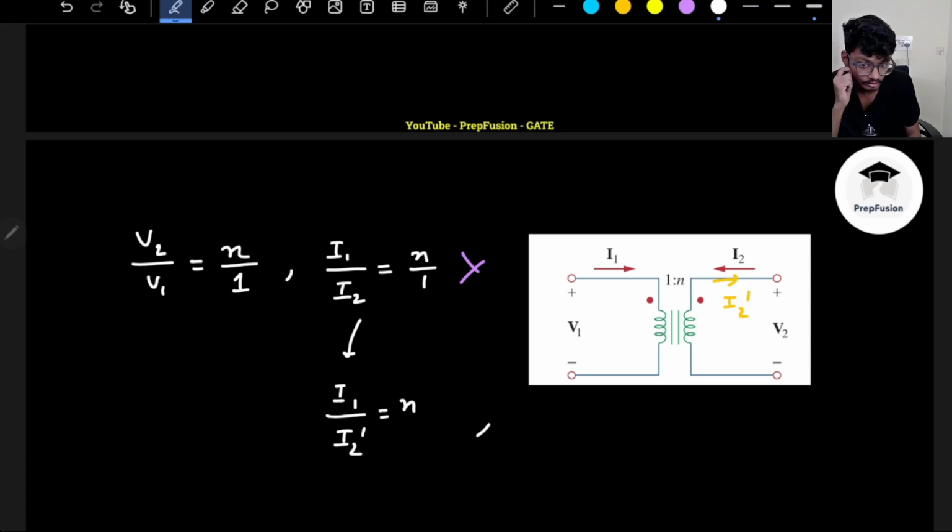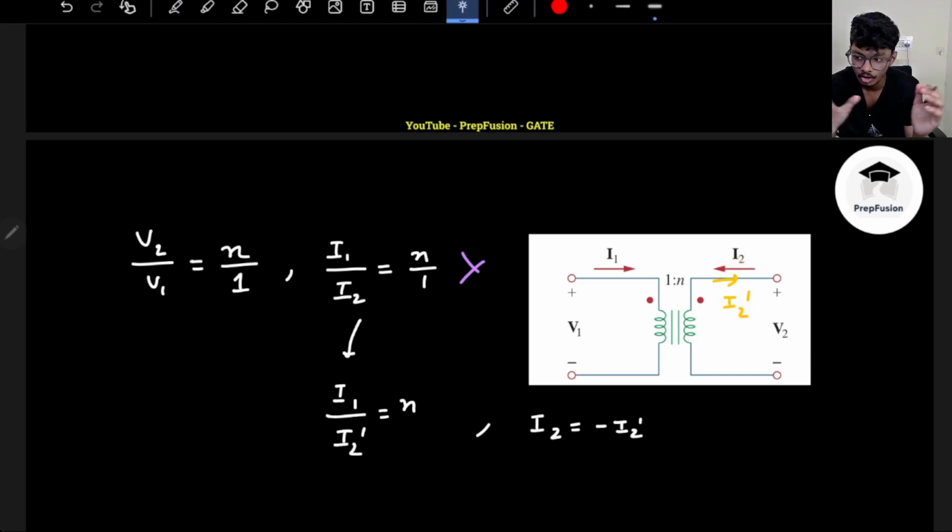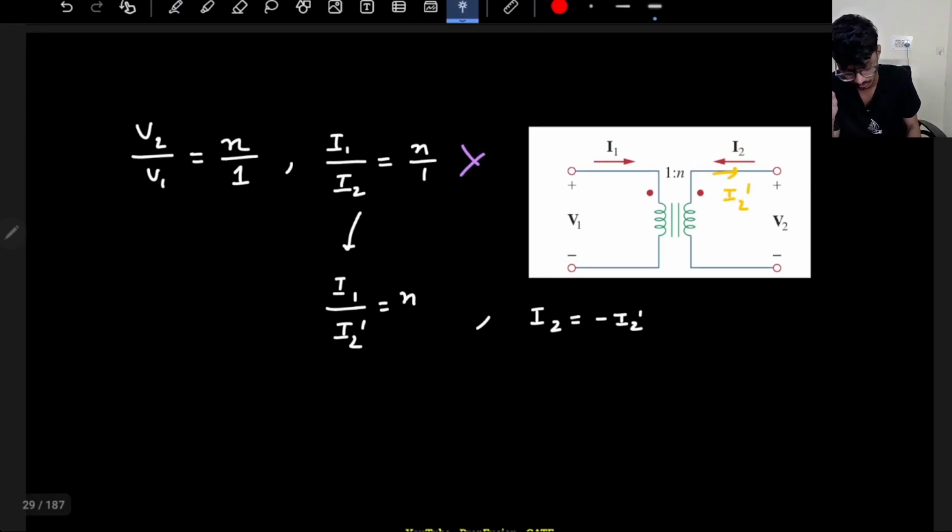For current, what we write is I1 by I2 dash equals N. And what I know about the current I2 is that I2 equals minus of I2 dash, because both I2 and I2 dash are in opposite direction. So I2 will be equal to minus of I2 dash. Got it?